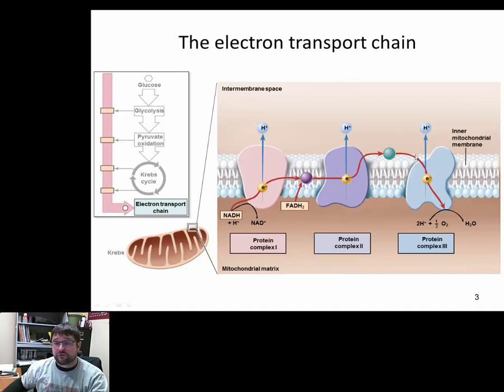But the electrons eventually get carried to protein complex 3, where the electron leaves, goes back into the mitochondrial matrix, binds with oxygen and the protons that are being pumped back across, to form metabolic water.